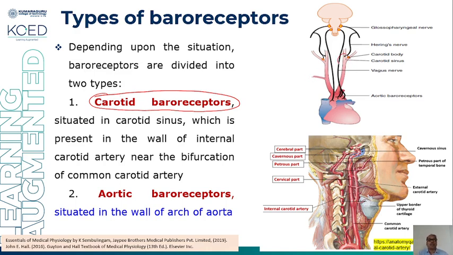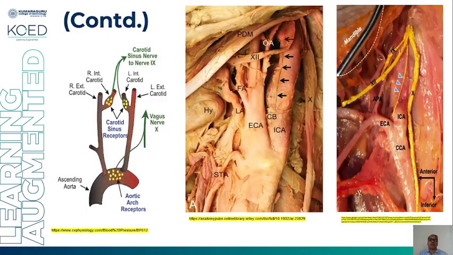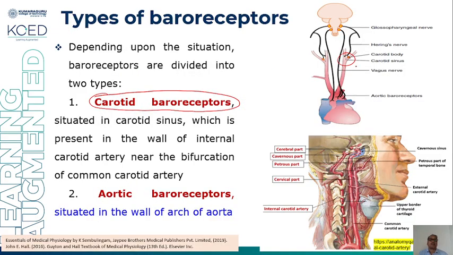And here you can see there is a bifurcation, so there will be left and right, internal and external. Hope you have a very good idea. Yes, here you can see there is an external carotid artery and there is an internal carotid artery, right?